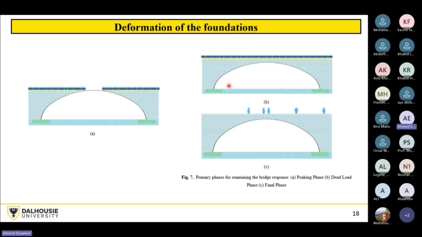This one is called the full dead load, that's when you have reached the full soil cover. And this one you may call live load or final phase. I have called it here the final phase. And here are the truck loads.